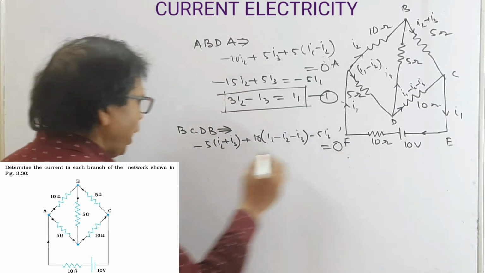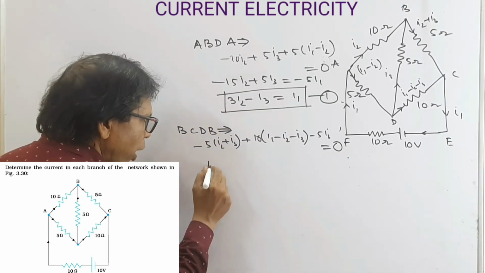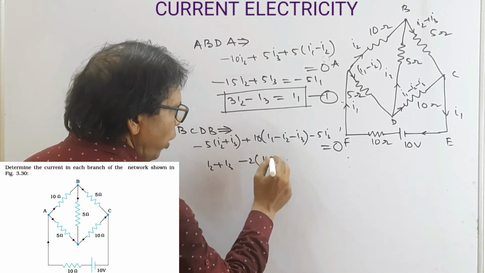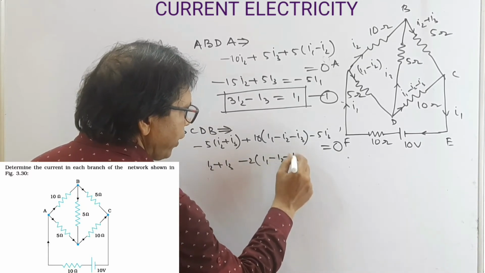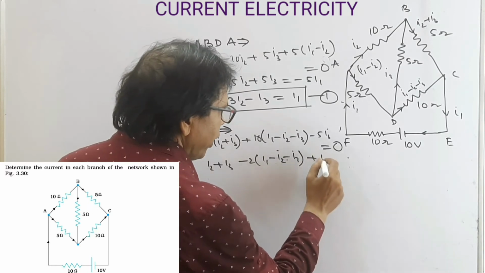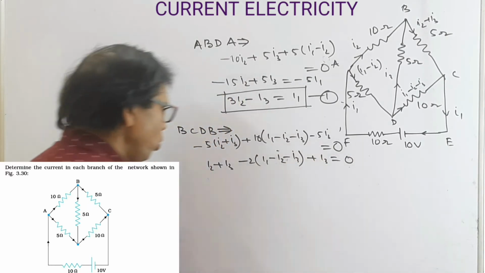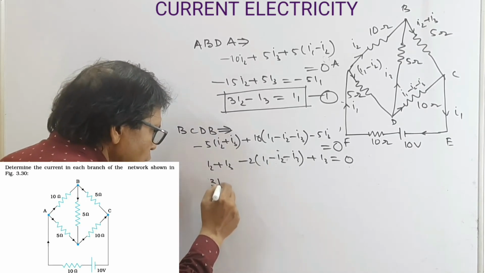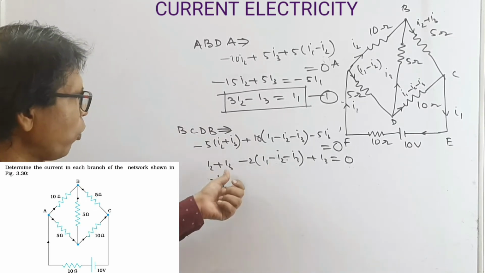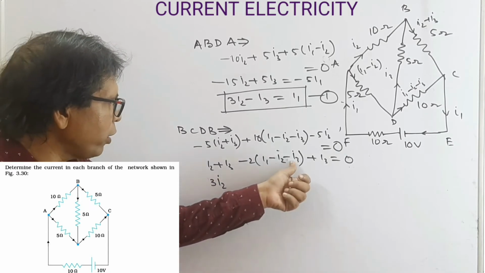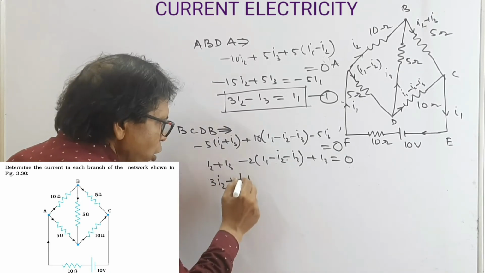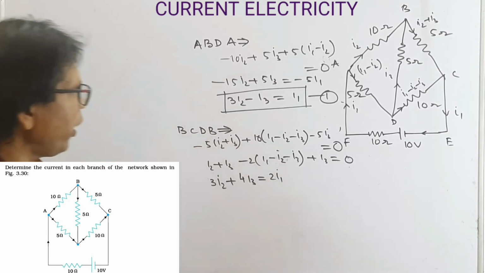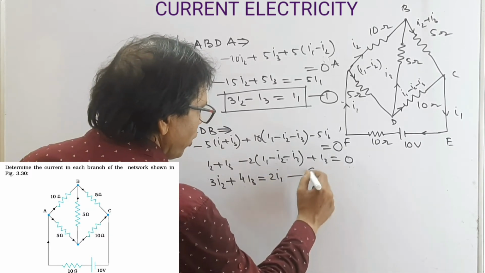Dividing by minus 5, this becomes I2 plus I3 minus 2 into (I1 minus I2 minus I3) plus I3 equal to 0. This is the I2 and this is the 2I2, so this is the 3I2. And now I3 plus 2I3 plus I3 gives 4I3, equal to 2I1. Okay, this is equation number 2.